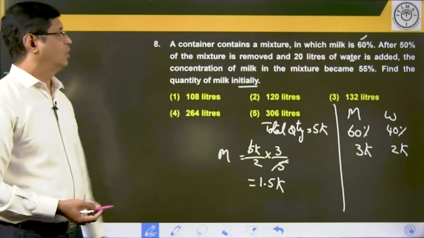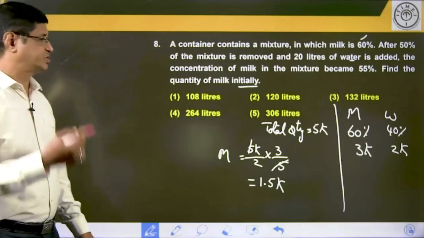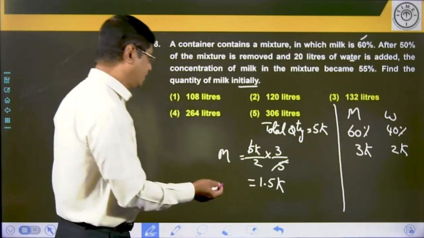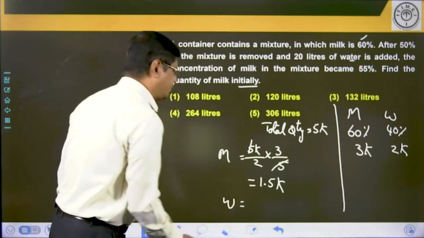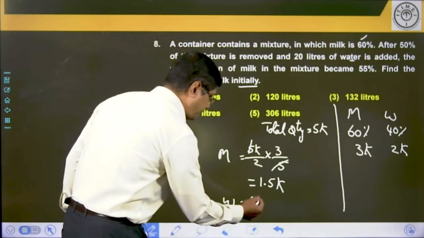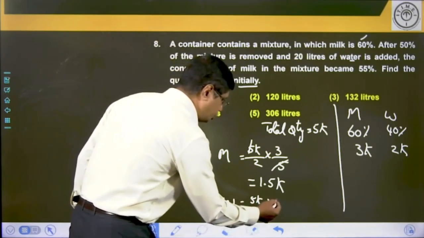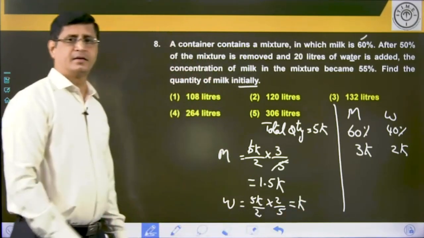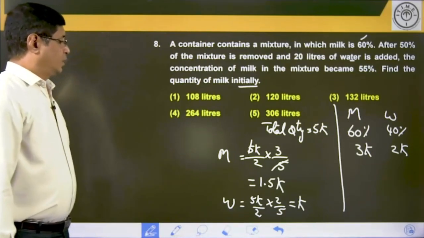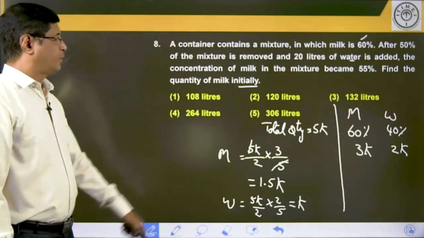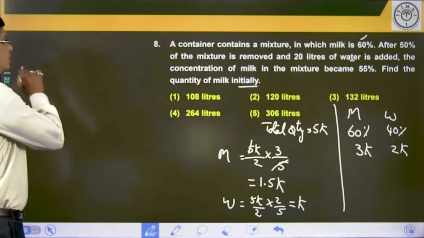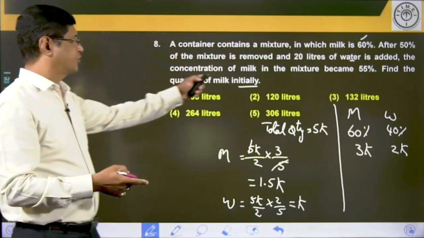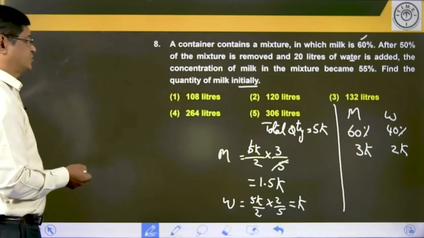1.5K milk is taken out when 50% of the solution is taken out. The remaining is the water. Water is equal to how much? 5K by 2 into 2 by 5, the result is K. Now, K is the water and milk is 1.5K. Just observe what is the discussion here. When taken out, the milk concentration will be how much? 55%.